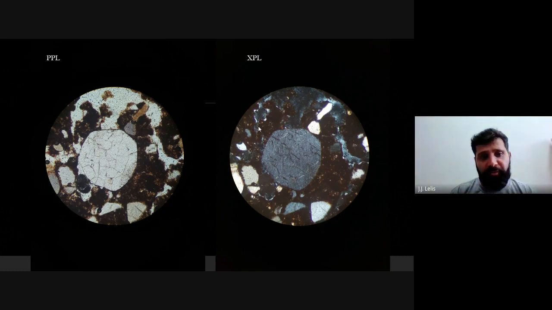The distribution of these clays is random. Okay, I'm telling you this because some specific processes that I will show you in the next slides could select or organize these clay minerals, could organize the fine fraction. In this case, when the fine fraction is well organized, it presents a different color in the XPL. So we'll see this in the next slides.